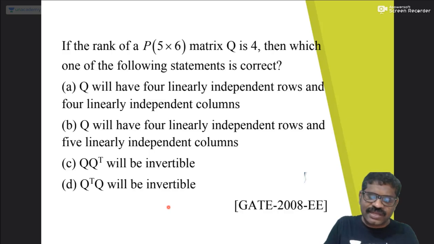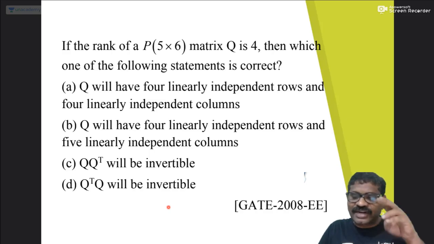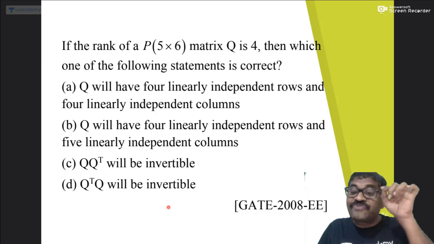I never said if two rows are identical, rank is 1. Yesterday, I explained that point 10 times. If two rows are identical, determinant is 0, rank is less than n. Rank is not 1. If all the rows are identical, then only rank would be 1.